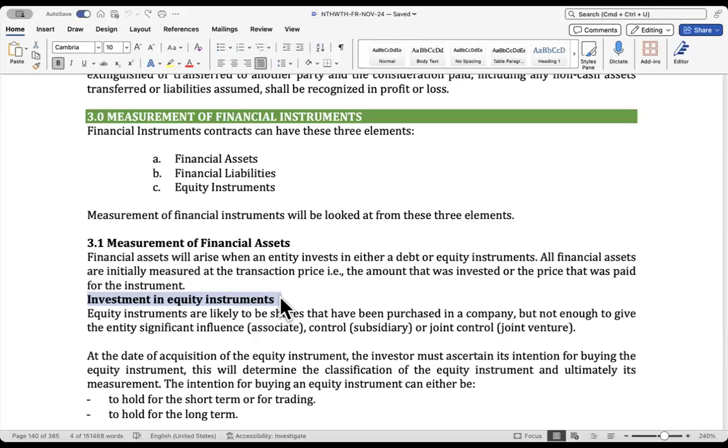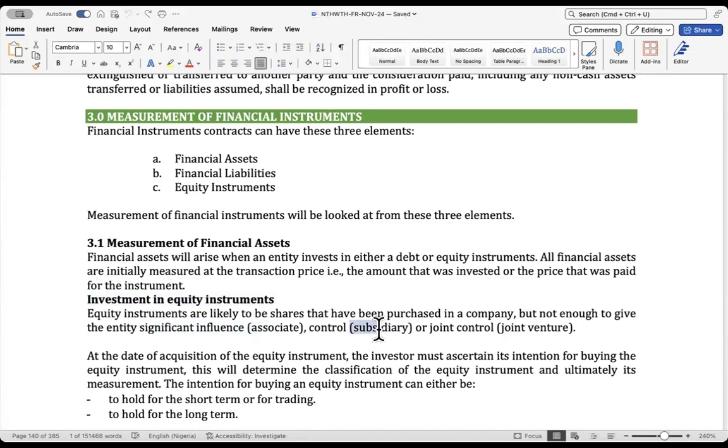The first part is if what you have bought is shares, which is what I want to talk about first now. Then I'll talk about the second part very soon. So if you have invested in shares, so investment in equity, I'm not talking about what Mr. Kazim is teaching you, associate, subsidiary, and all of that. No, this one is the ones that are just simple investments that do not give you so much holding.